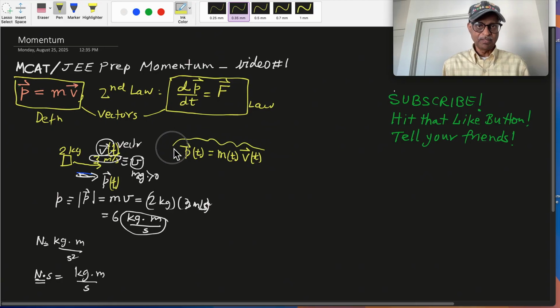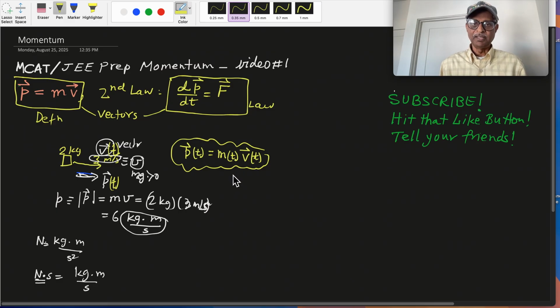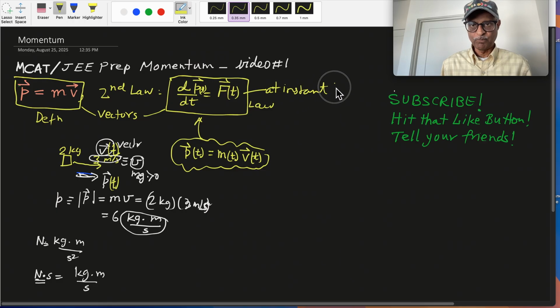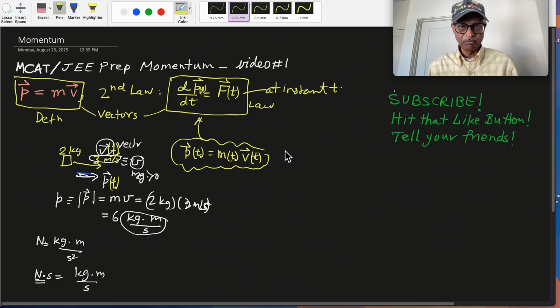Thinking that everything is instantaneous, this formula here is important. You can see this is a function of time, so I can take a derivative. That's where ma comes from. So ma is not the fundamental law. This is the fundamental law, written at instant t. Okay, I'm going to speed up a little bit.